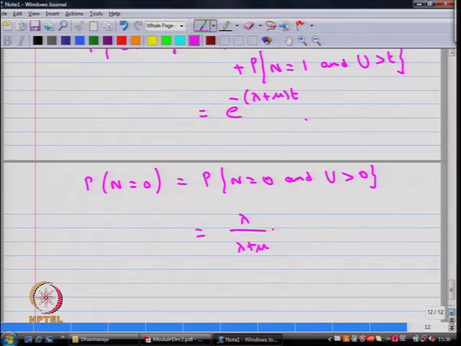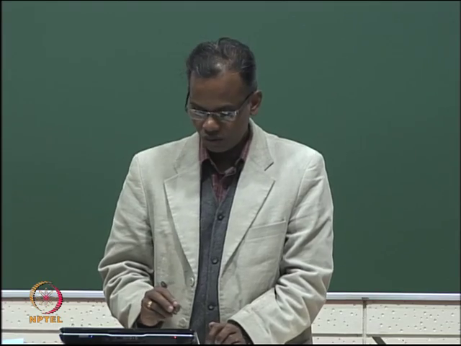Similarly, you can find out the probability of N is equal to 1 from the probability of N is equal to 1 and U is greater than 0, or you can find the probability of N is equal to 1 by taking 1 minus the probability of N is equal to 0. So, two ways you can find the probability of N is equal to 1.